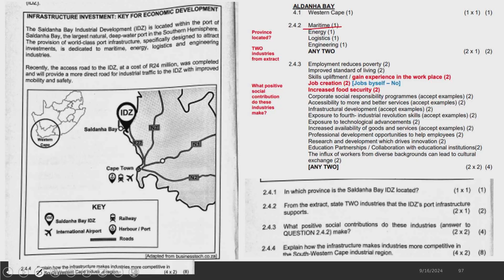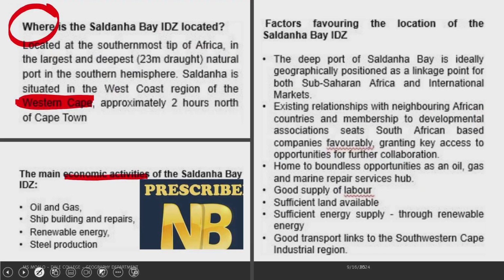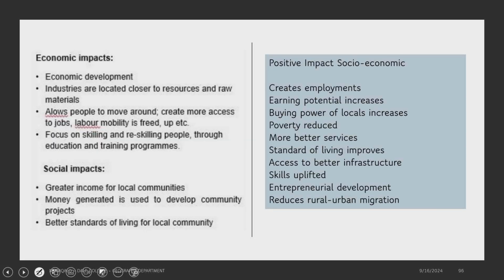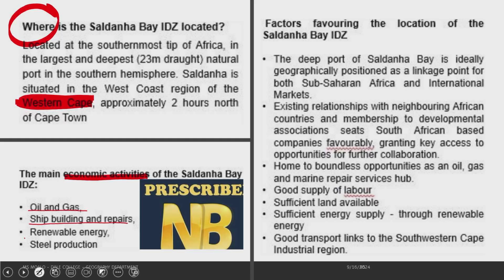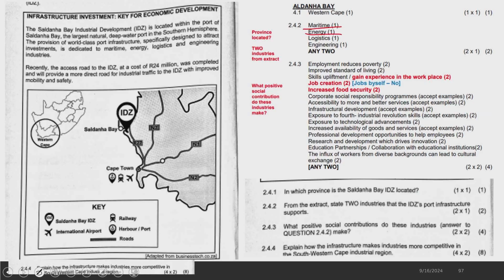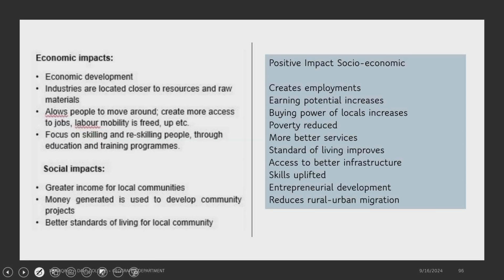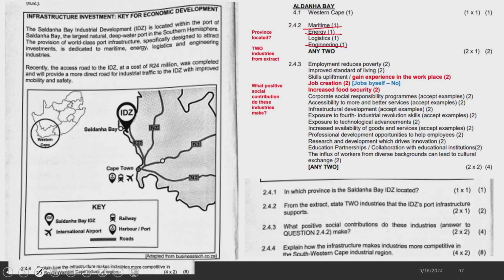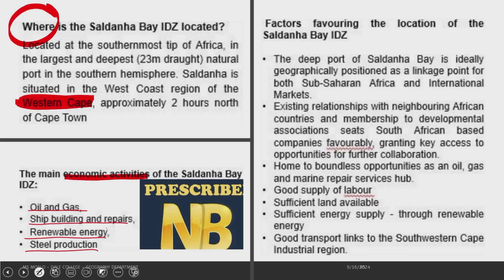That maritime links to the shipbuilding and repairs. The energy, that energy links to your oil and gas as well as renewable energy. There's turbines and there's solar energy located there. The engineering is linked to your steel production. And of course, the logistics has to do with the transportation of all of these commodities up and down.